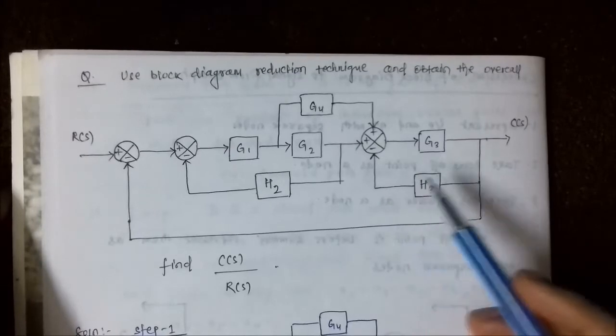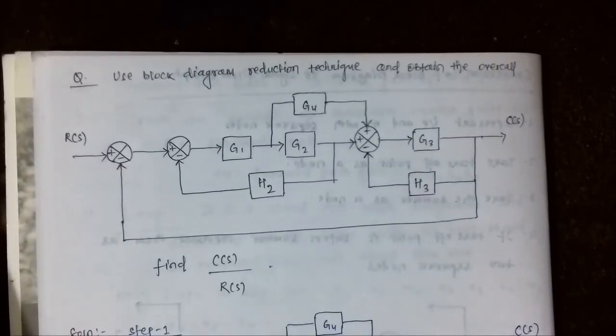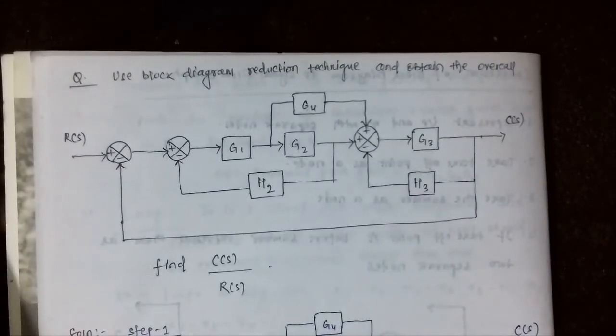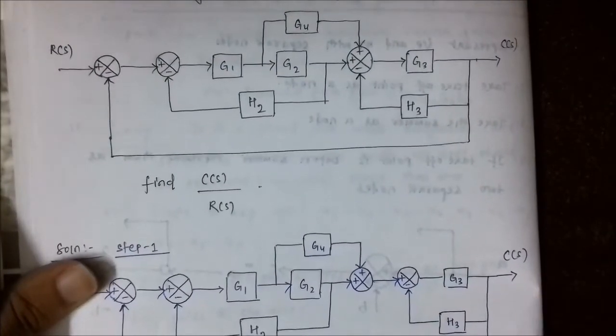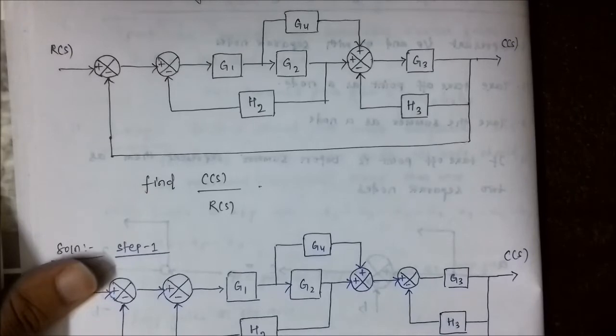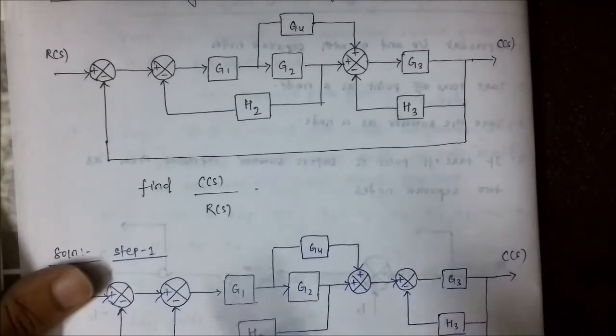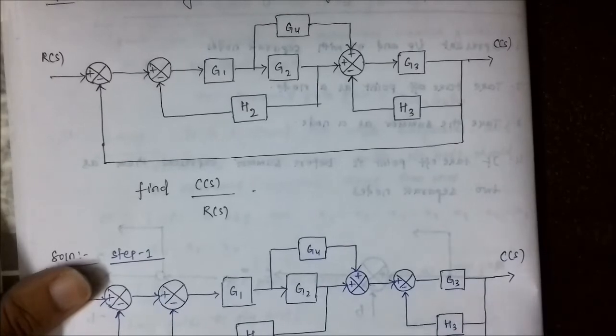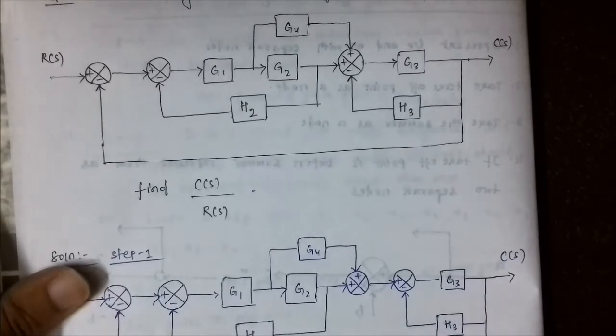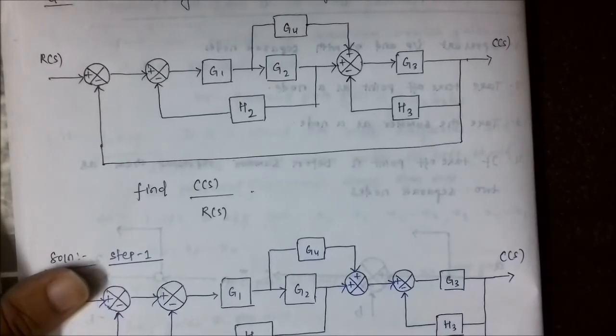So I can apply the breaking up a summer rule here. You can rewind this video to see the breaking up the summer rule. I think it is in the previous video.